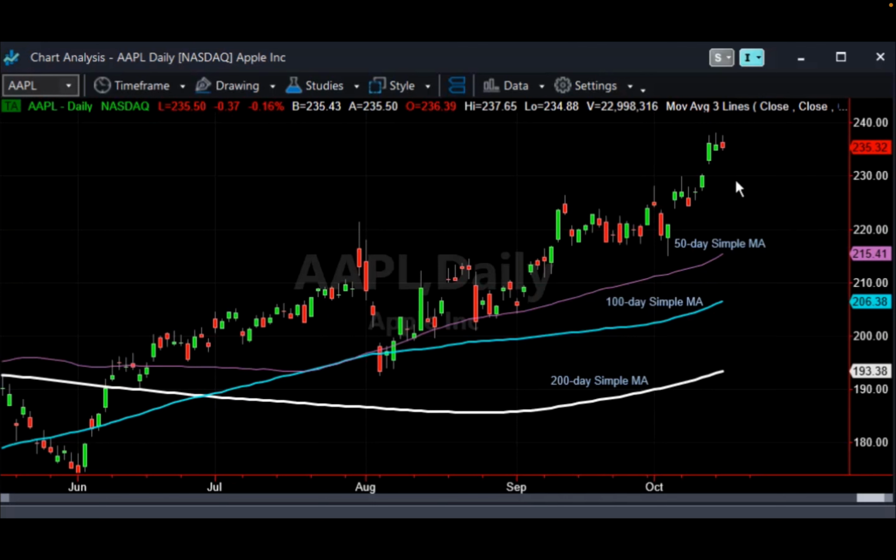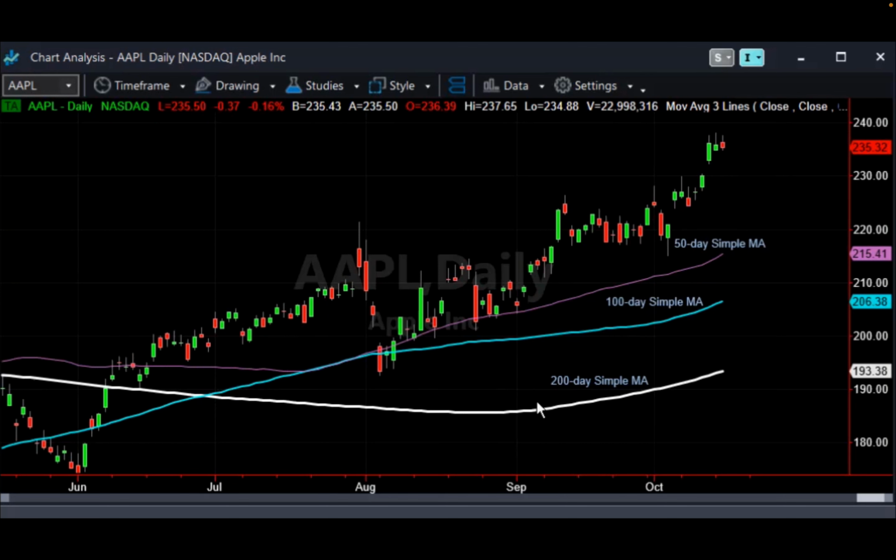An uptrend is identified when price is trading above the broad moving averages and is making higher highs and higher lows. So this is an uptrend. And what you will find is when a downtrend begins, you'll normally see these broad moving averages will cross and start heading downward. Okay?